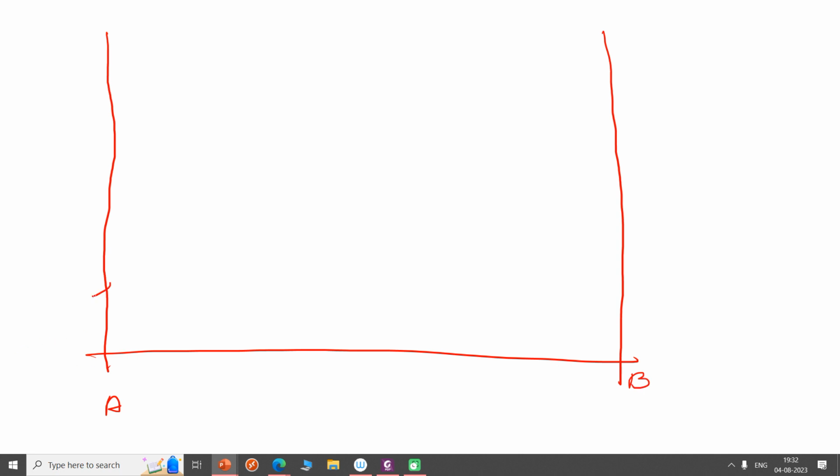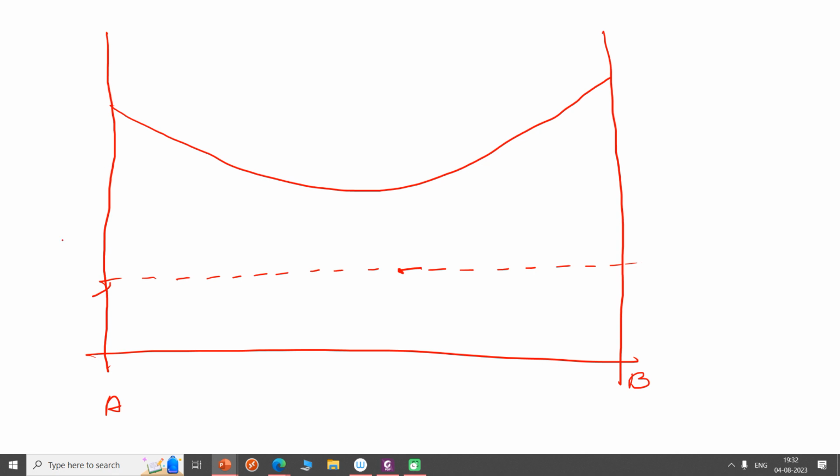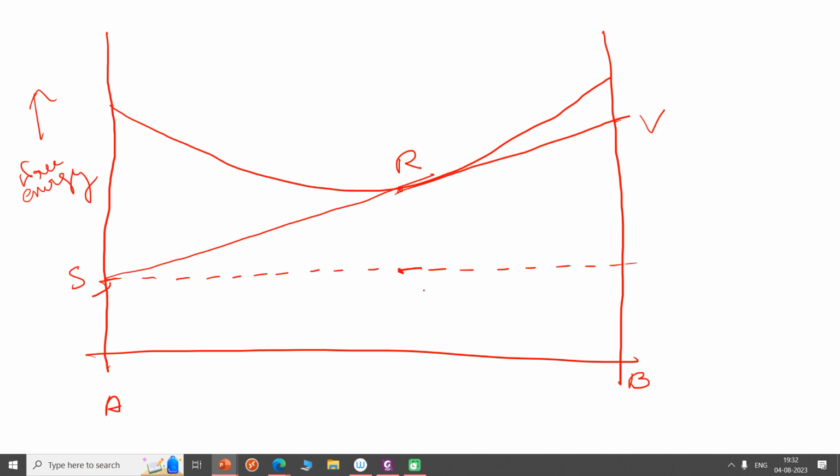This point is Q, this is φB. So from the figure we can say, what is μA? μA is this one, right?